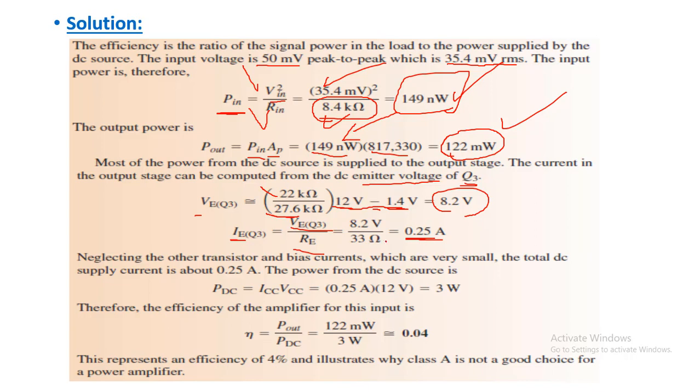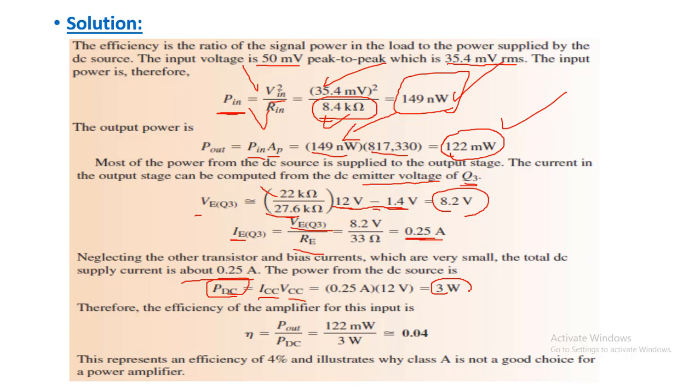Now you see we are going to neglect the other transistor and bias currents, which are very small. The total DC current supply is about 0.25 ampere. The power from the DC source will be equal to this 0.25 multiplied by 12 volt, so the power delivered will be 3 watt.